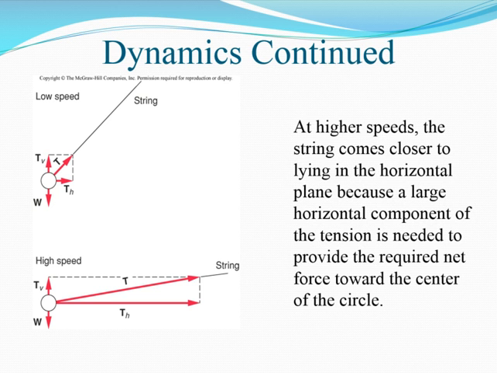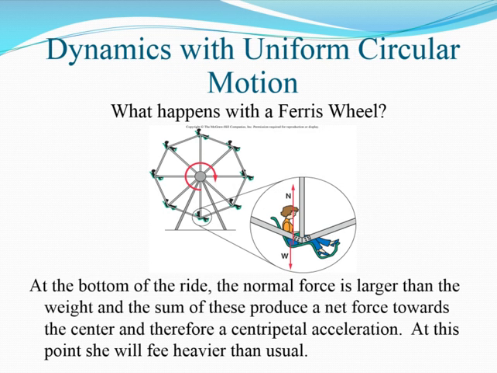Now, other places we may see this kind of motion: Ferris wheels, roller coasters, cars going up and down hills. If we look at uniform circular motion on a Ferris wheel, at the bottom of the Ferris wheel, you feel heavier than usual. That's because your normal force has to be large enough to produce that circular motion that gets you moving along that circular path, that centripetal acceleration.